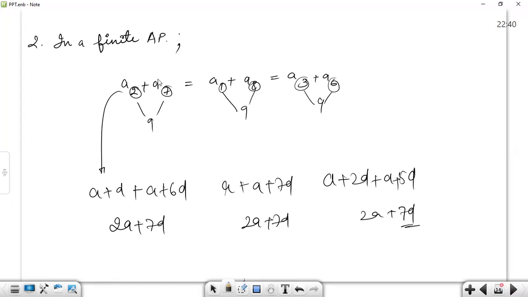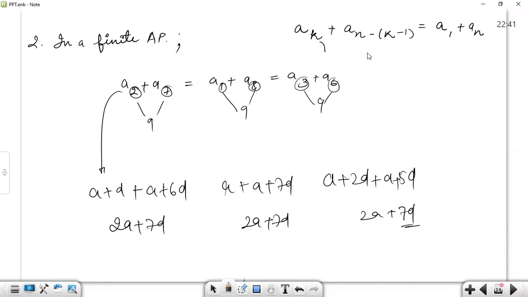So if there are the same number of terms on both sides and the indices are getting added to equal sums, then they are going to be equal, sums of equal pairs. Clear? Any doubt? So we can generalize it: if any term k is getting added to any other term, then it can be rewritten as a1 plus an.